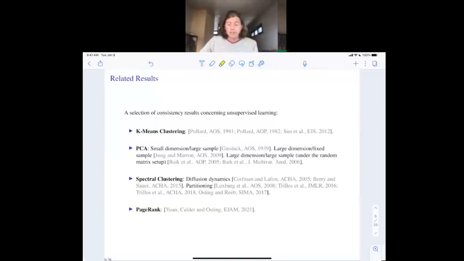There's a result by Pollard from the 80s that established it for k-means clustering. The PCA results are now classical. This has been proved for spectral clustering, and I'll draw attention to work I did with Jeff Calder and his student Amber Yuan just this last year. We established consistency for the PageRank algorithm.